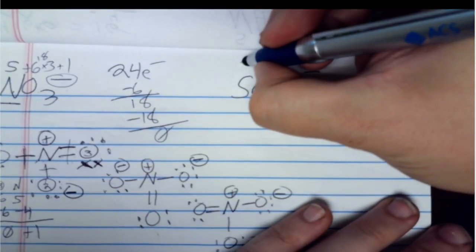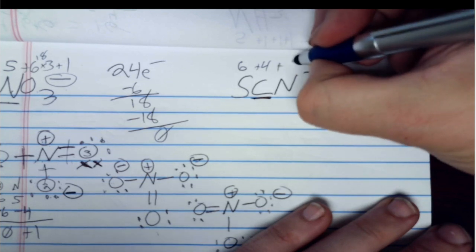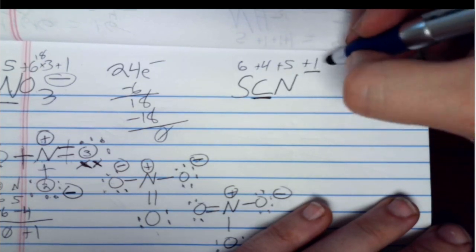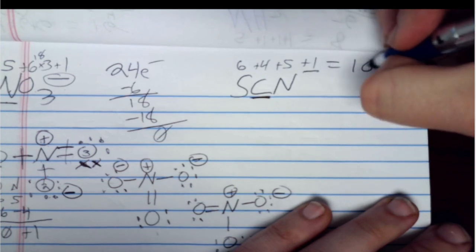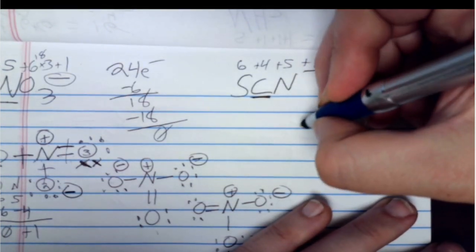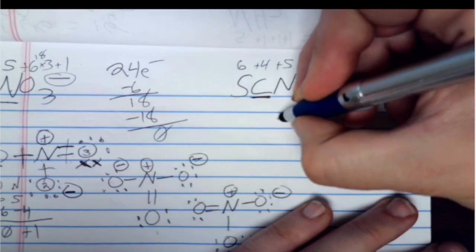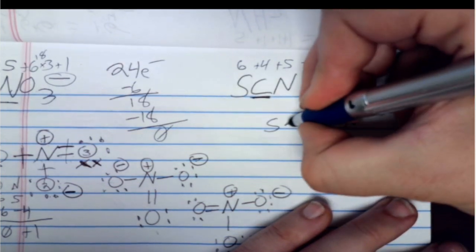S has 6, C has 4, N has 5, plus 1. So we have 16 electrons. I'm going to put C in the center, where you can make the most bonds. S, N. Let's make 2 bonds.